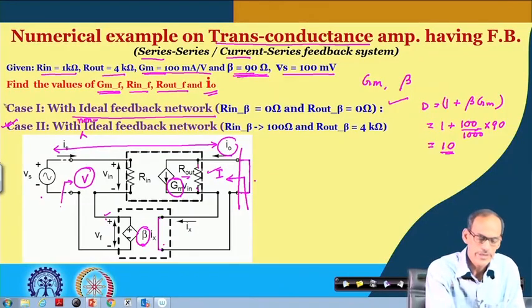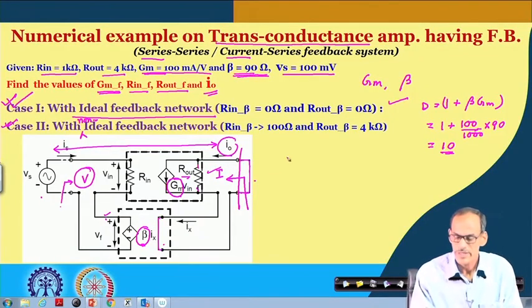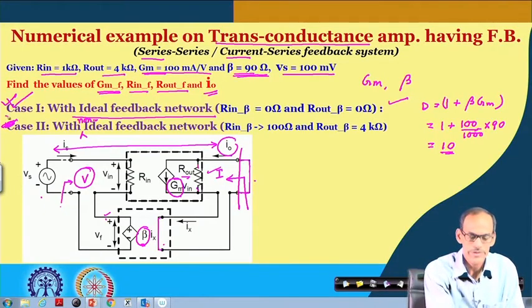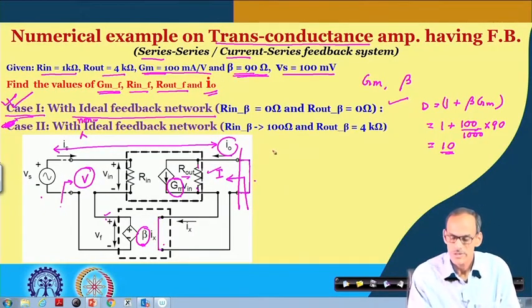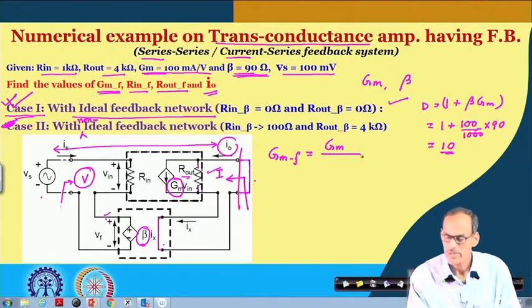For this case, right now we are considering the first case, GMF. GMF equals this GM divided by 1 plus beta into GM. So that is equal to 10 milliampere per volt.